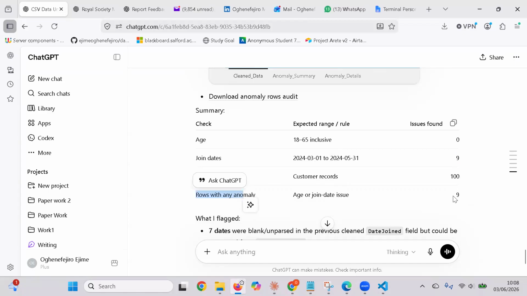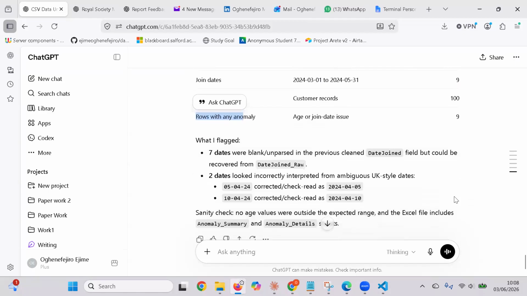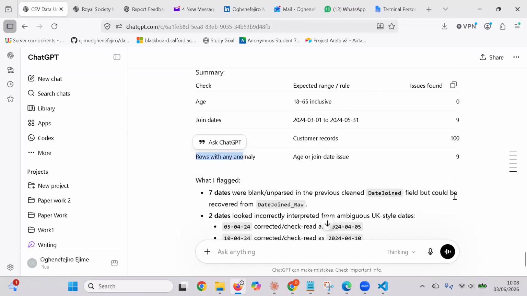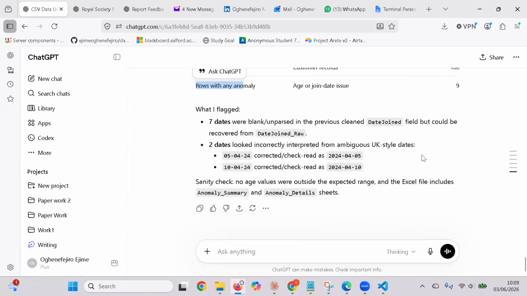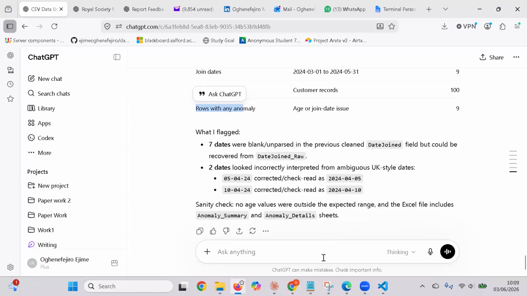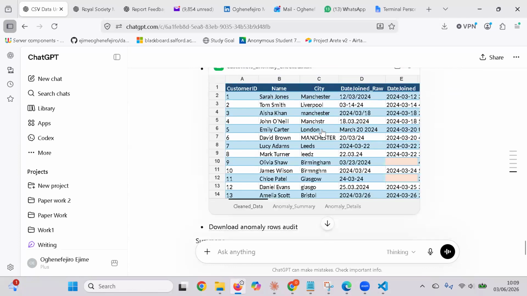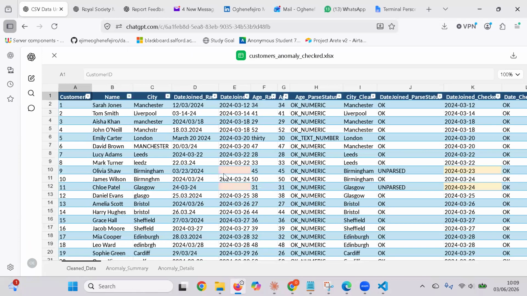Yes. So what was it saying? It is saying that there are some rows where the date joined and the age don't really match. So those are the anomalies it found. As far as we are concerned, look at our data. This is where the anomaly is actually found.